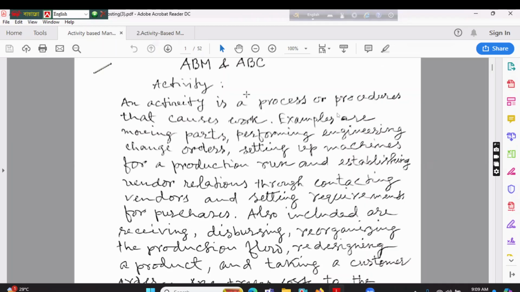Now, activity. This is from Ray-Ban. An activity is a process or procedure that causes work.